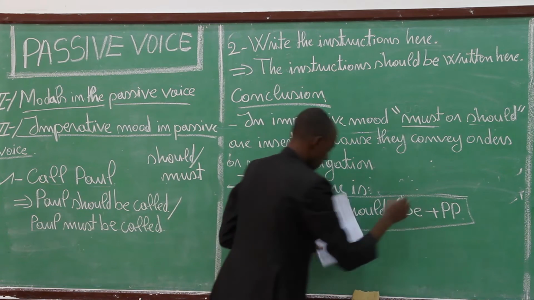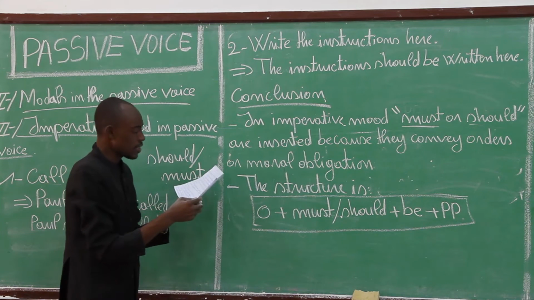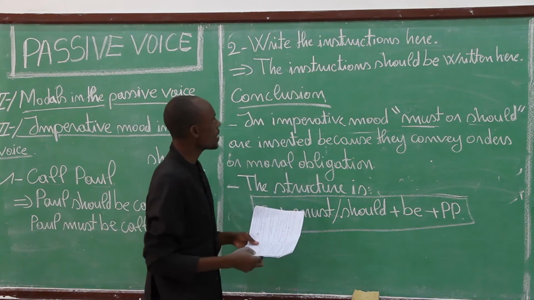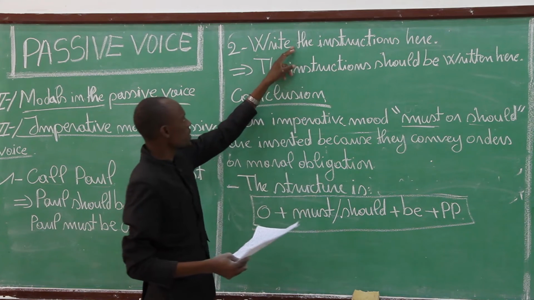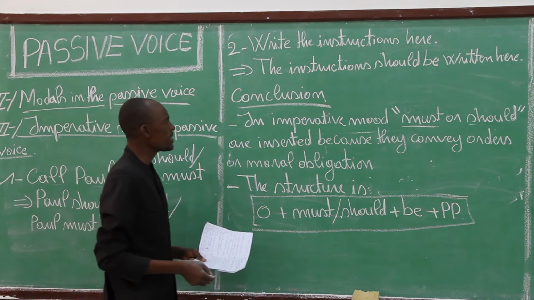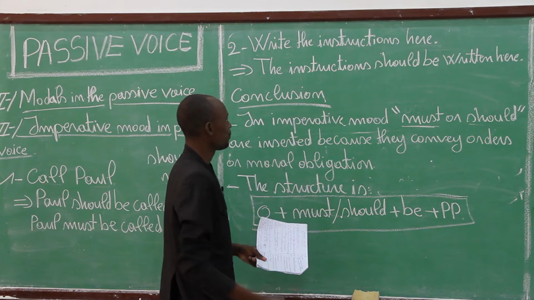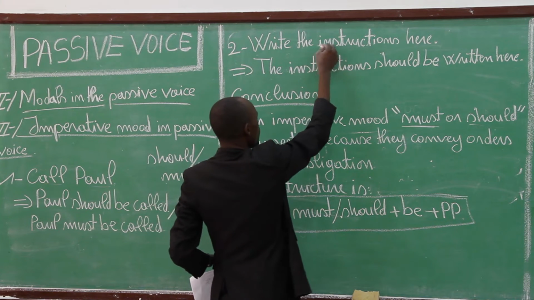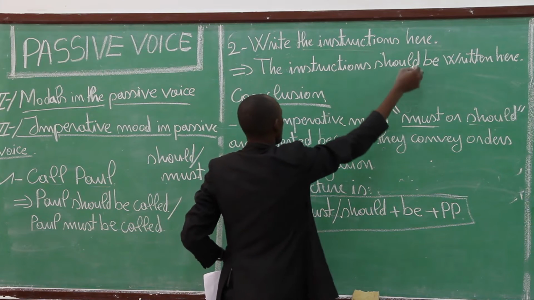Now let's take another example, let's come back here. We have "Write the instructions here". The sentence expresses the order or moral obligation. And in passive voice, we have the object. The instruction is the object.